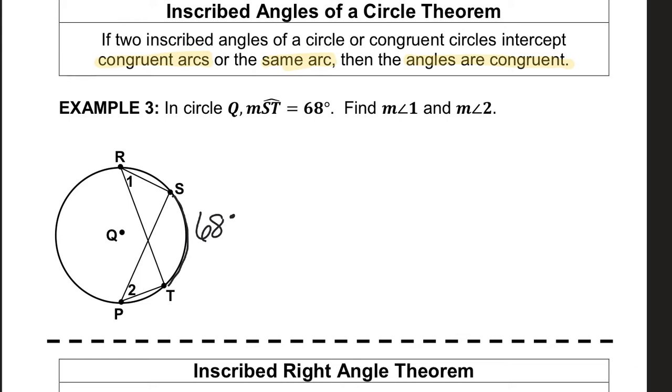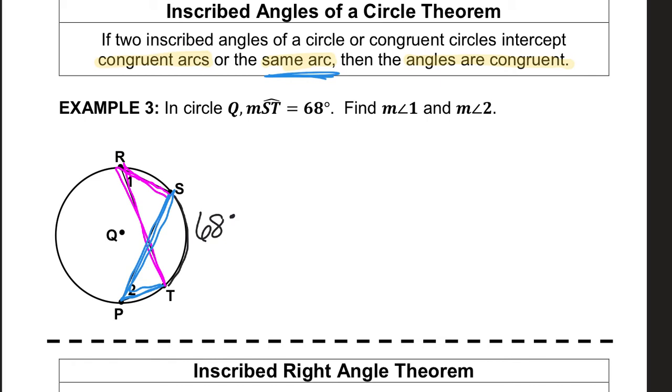Well, what we need to see here is that angle 1 is right here. And look where its intercepted arc is. Its intercepted arc is ST. Then if we take a look at angle 2, look at where its intercepted arc is. It's also ST. So this is where that same arc comes in.